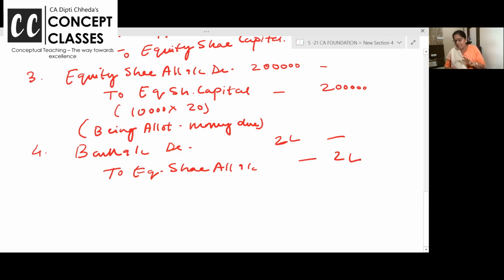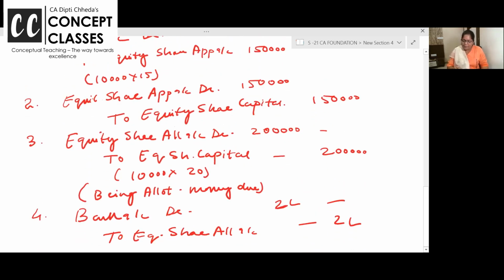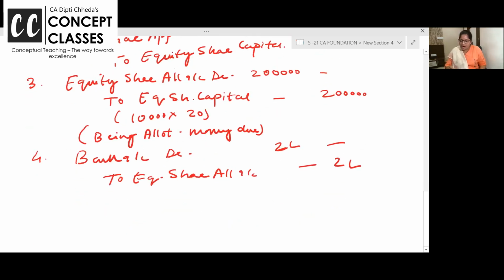Too many journal entries we have to write in this chapter, so I'm writing L right now and it's okay. Did everyone understand? This is a practice problem, otherwise in the exam they will definitely give you the dates. So please check once, don't make a blunder. Application is received first and then adjusted to capital.